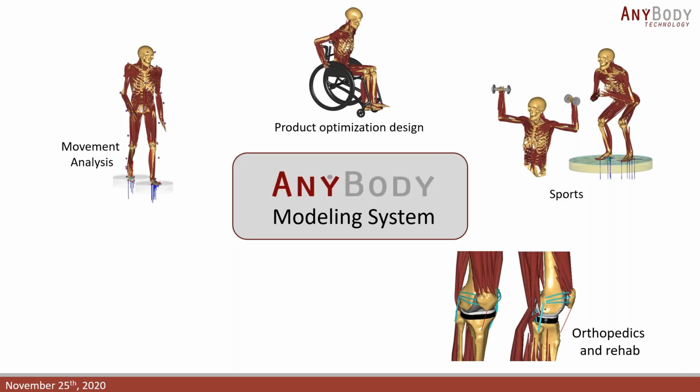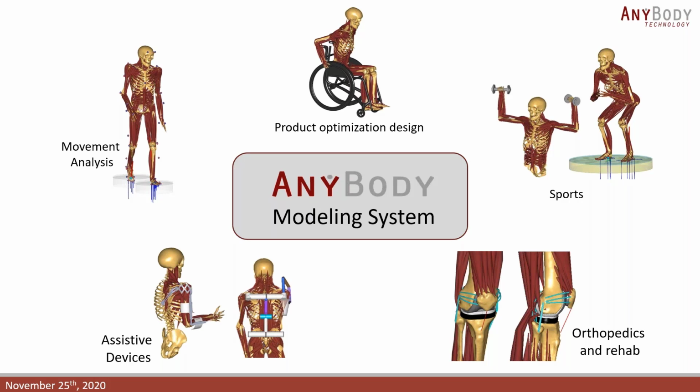It can also be used in medical fields, to understand the behavior of medical devices and for rehabilitation analysis. And a very hot trend right now is to understand assistive devices, exoskeletons, using simulations.